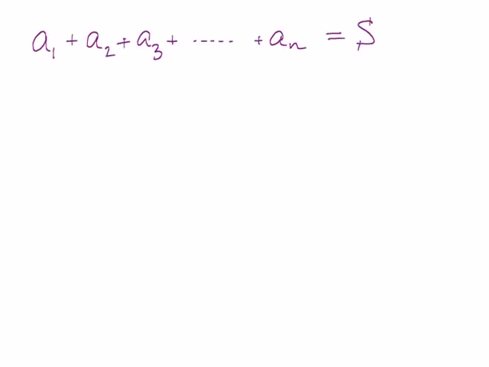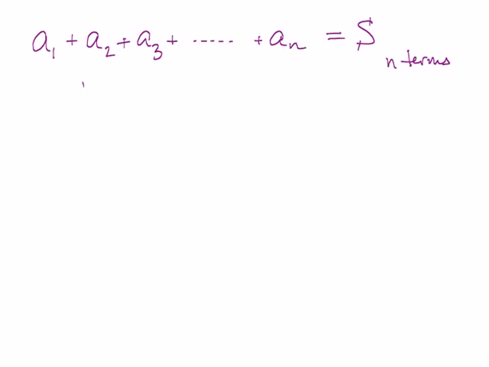Let's look at this general arithmetic series, okay? So my first term is a sub 1. I'm going to add that to a sub 2 plus a sub 3 all the way up to a sub n. So I am telling you right away I have n terms. Now this works only for arithmetic series, and so I'm going to give you a general statement of this.